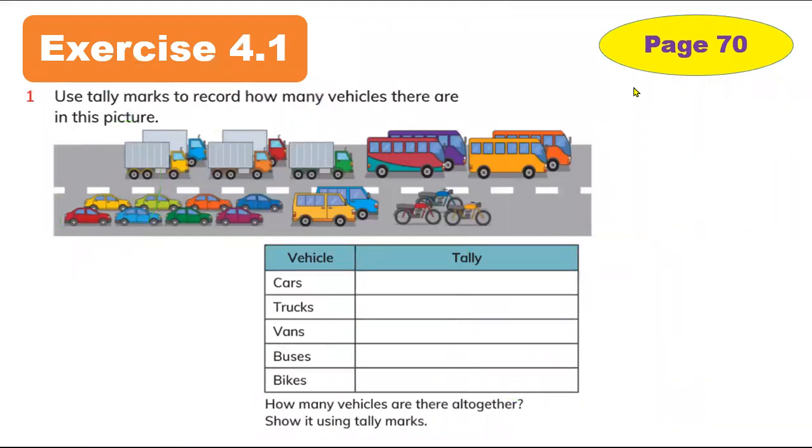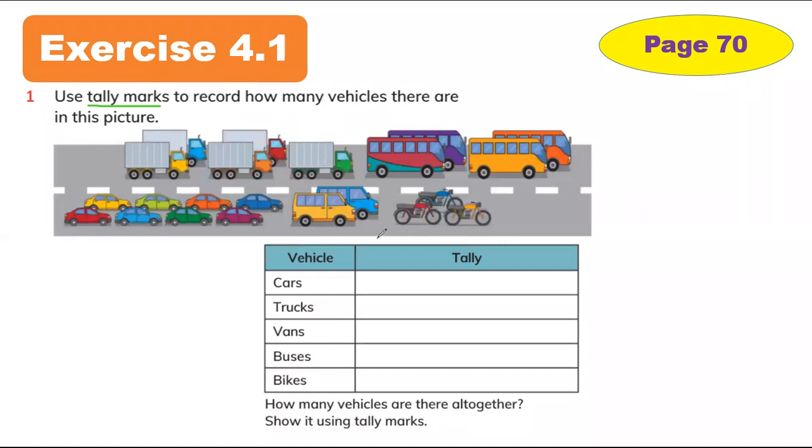Okay, first read the question. This is exercise 4.1, right? And this is the first part on page 70. So let's look. Use tally marks to record how many vehicles there are in the picture.